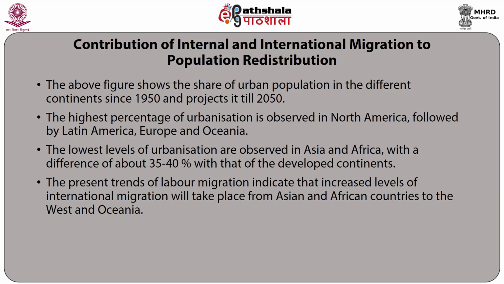The lowest levels of urbanization are observed in Asia and Africa, with a difference of about 35 to 40% with that of the developed continents. The present trends of labor migration indicate that increased levels of international migration will take place from Asian and African countries to the West and Oceania.